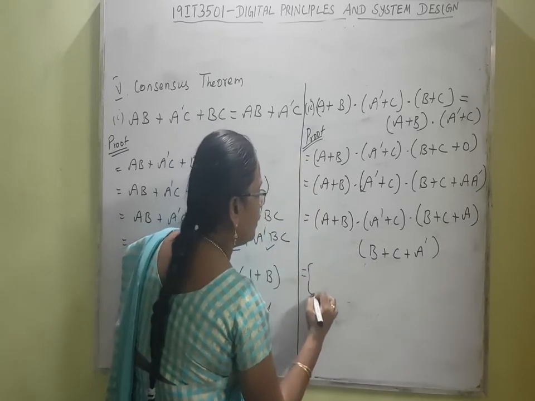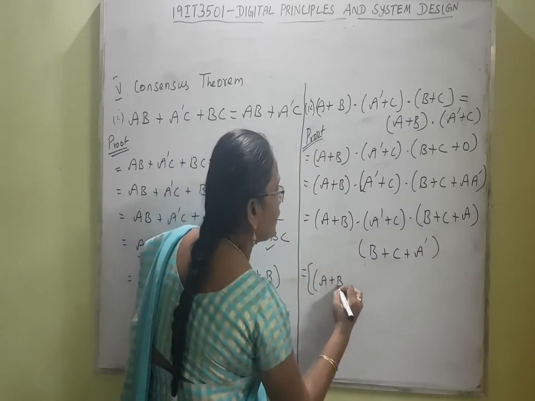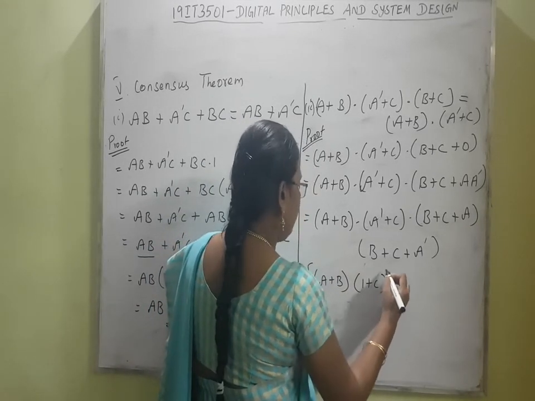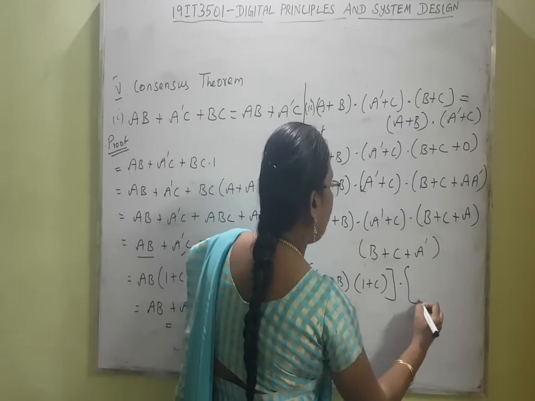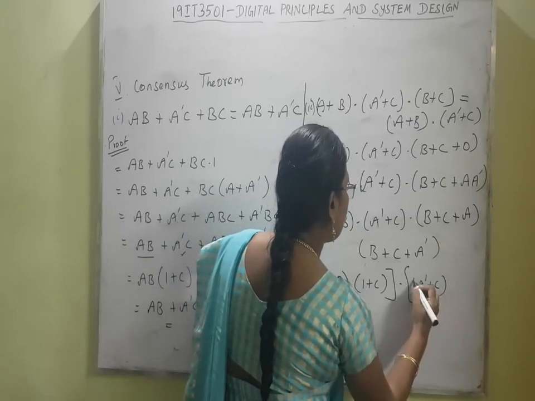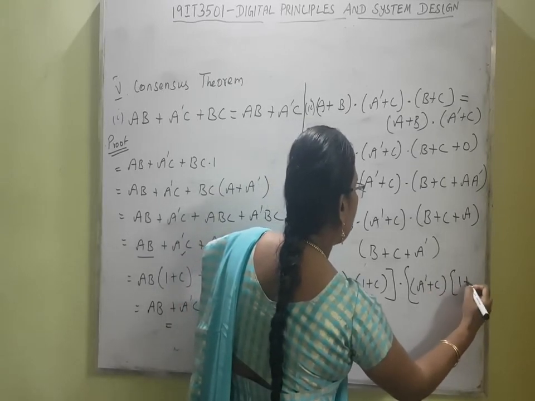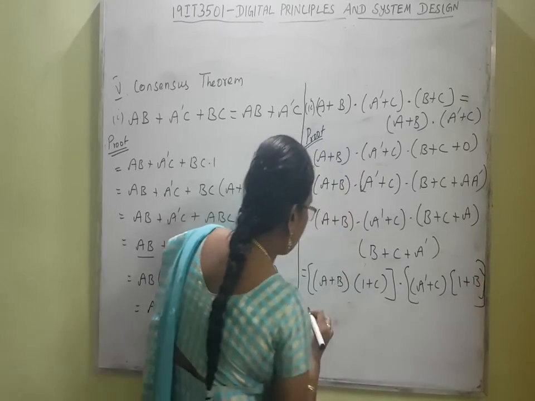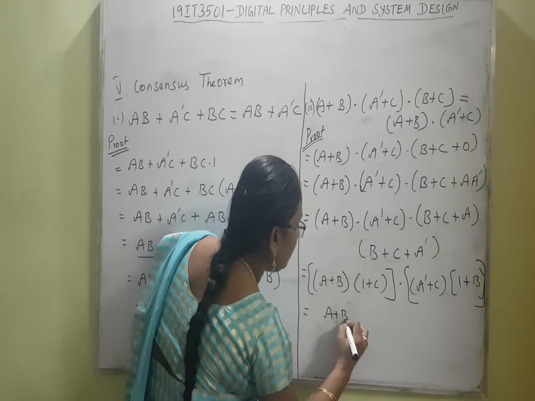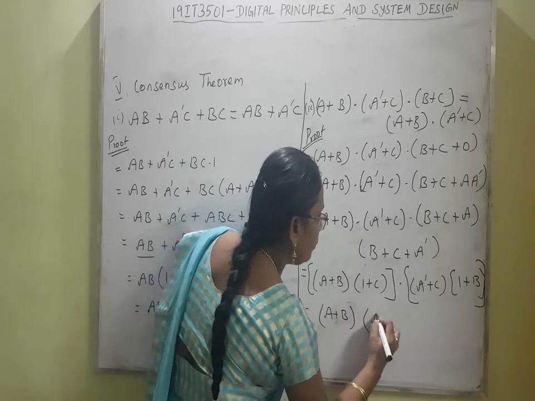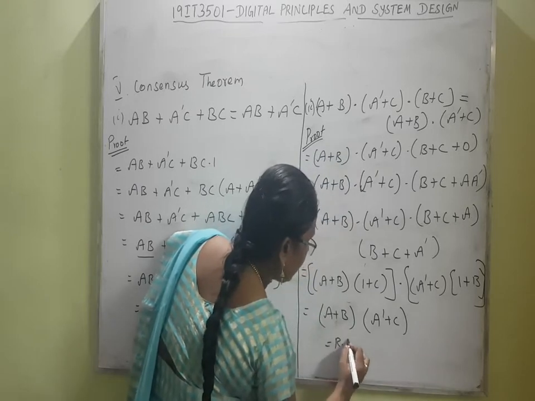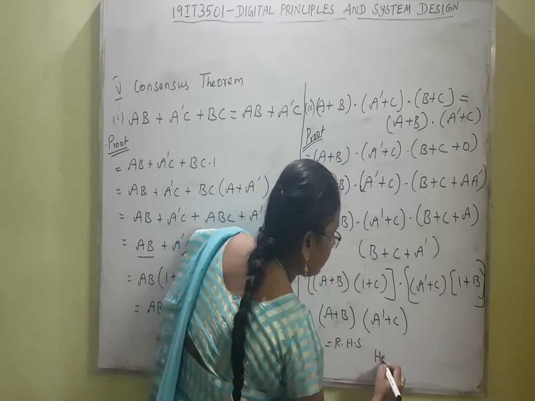Now take A plus B outside. If you take A plus B outside, you will have 1 plus C. And same way, when you take A dash plus C outside, you will have 1 plus B. So now you have A plus B into 1 into A dash plus C, which is equal to the right hand side. Hence proved.